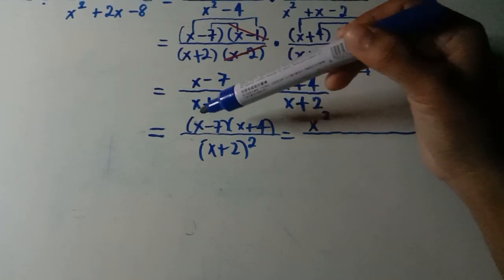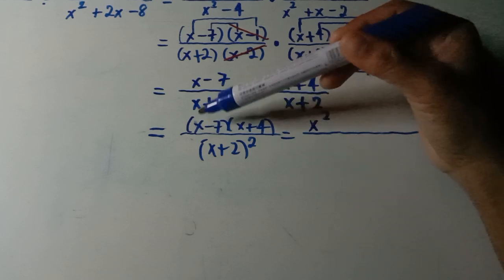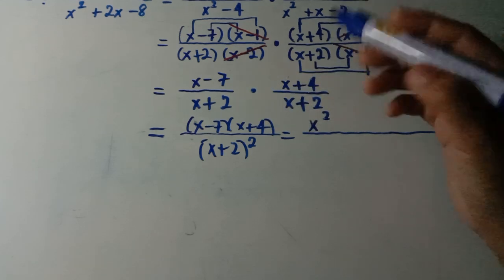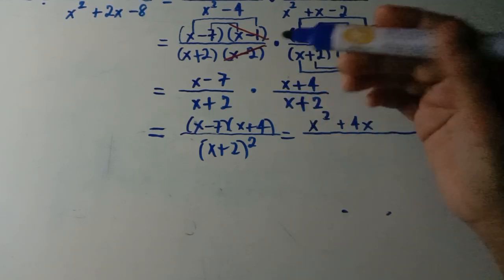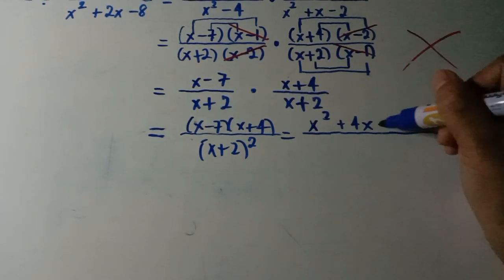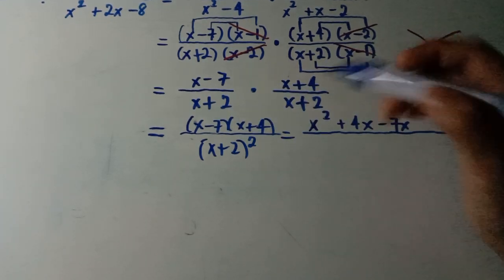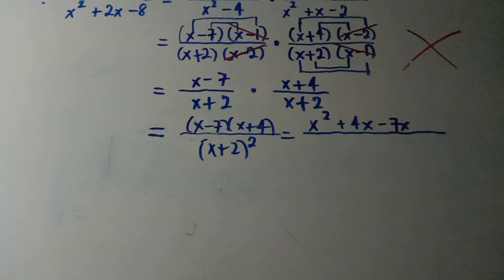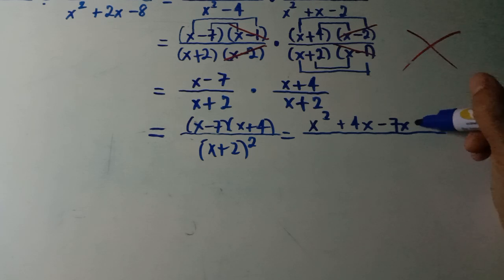Outer. So may outer, x times 4 positive 4x, dayon inner terms negative 7 times x equals negative 7x. Dayon last terms, negative 7 times positive 4 equals negative 28.